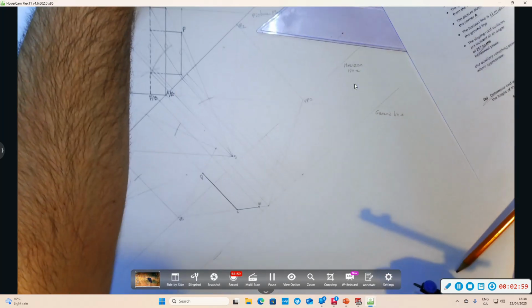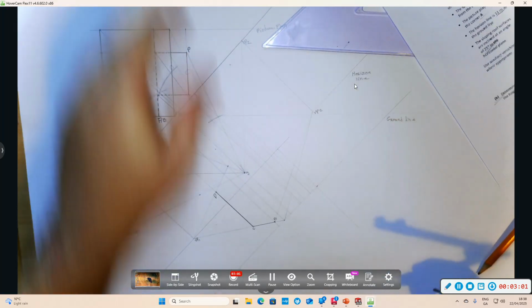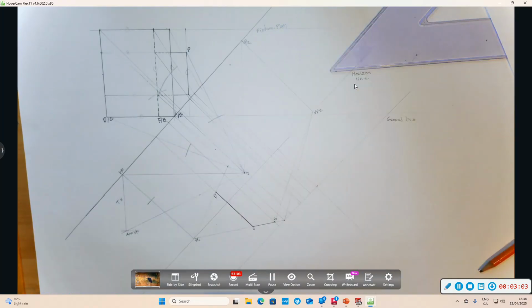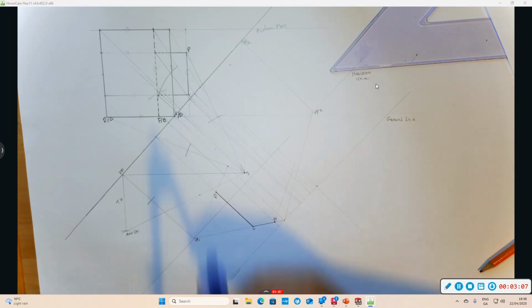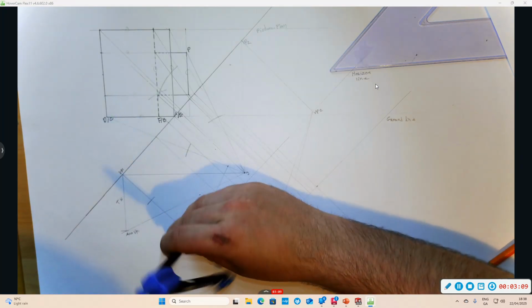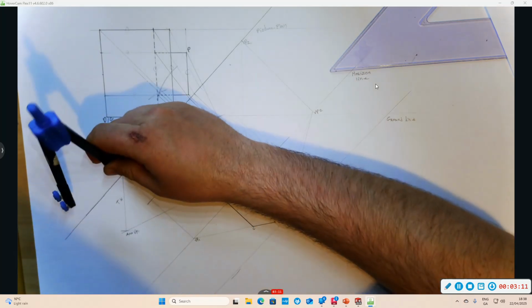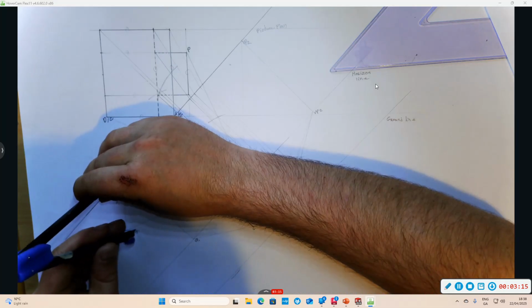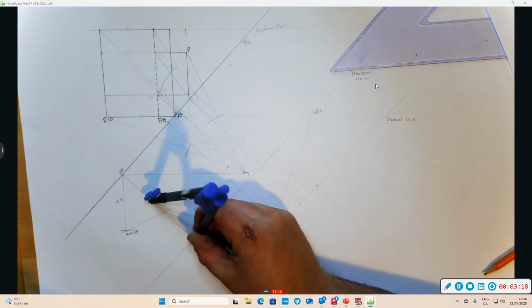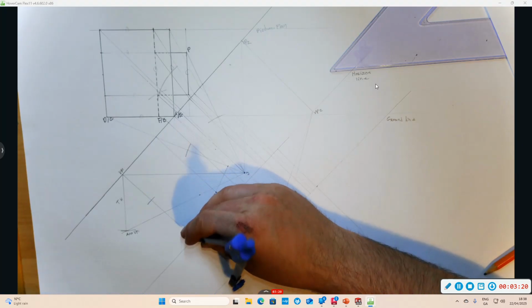I'll just move the visualizer. So we put it below VP1 and above VP1. So look, this was the distance we took. Put it above VP1, below VP1.